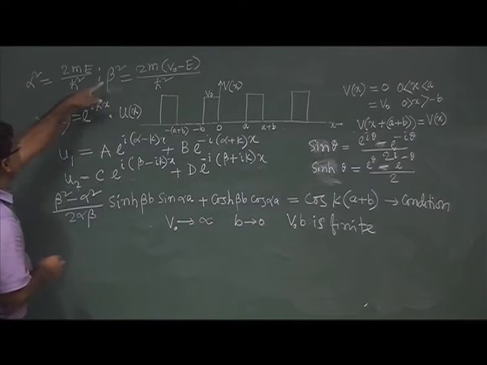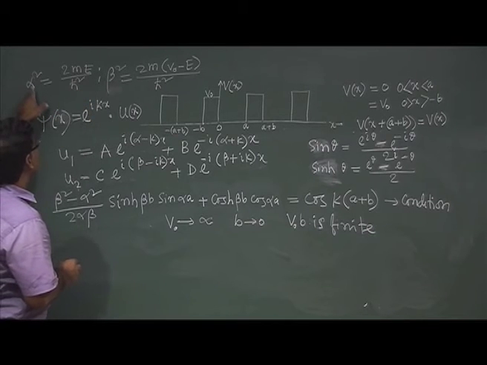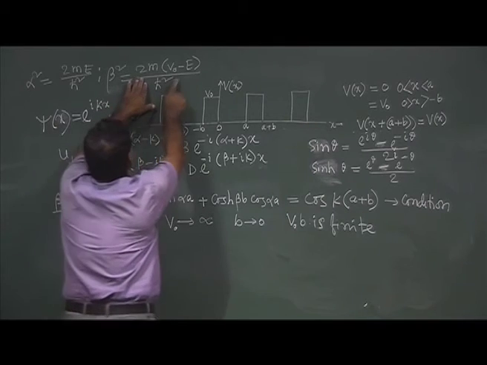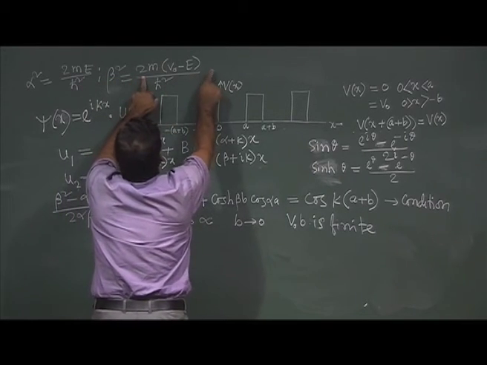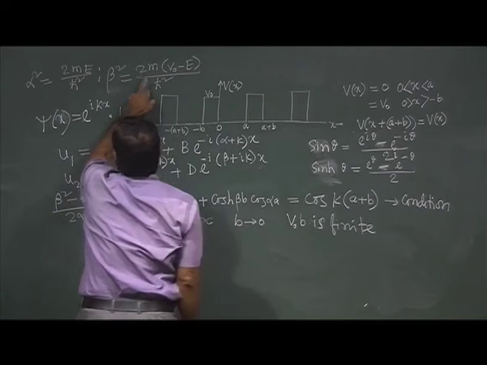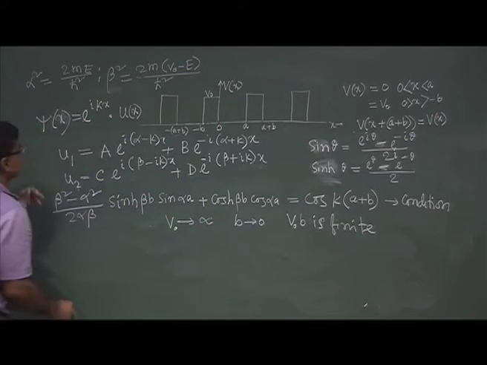So, beta square minus alpha square, beta square minus alpha square. So, minus of this one, right. So, it will be 2e, it will be 2e. What we will get?